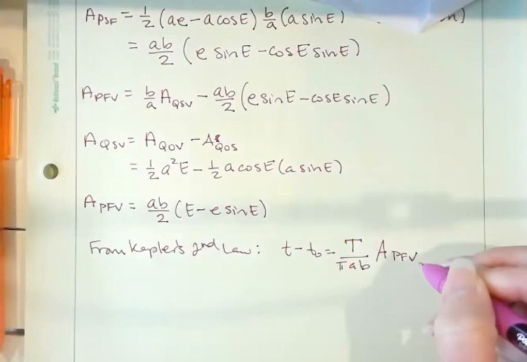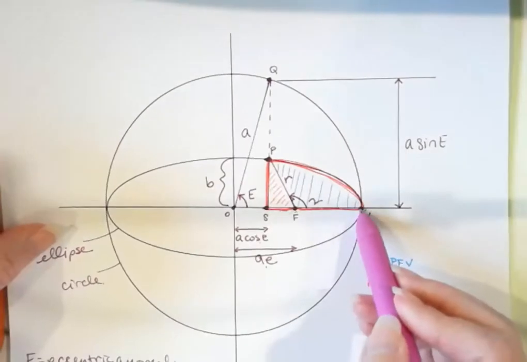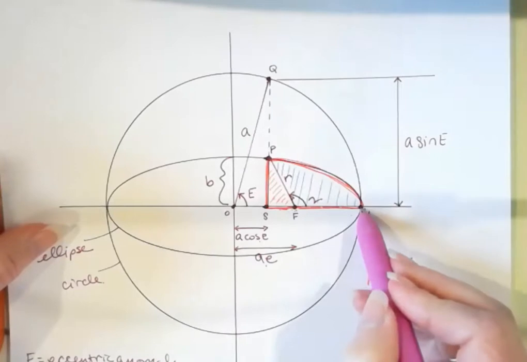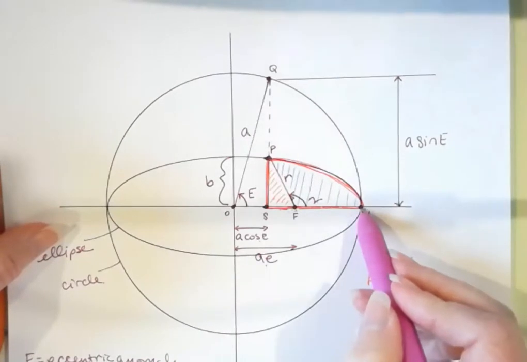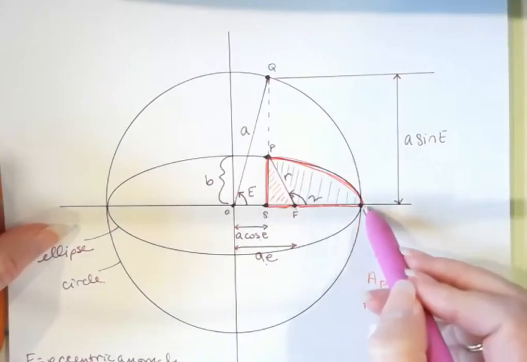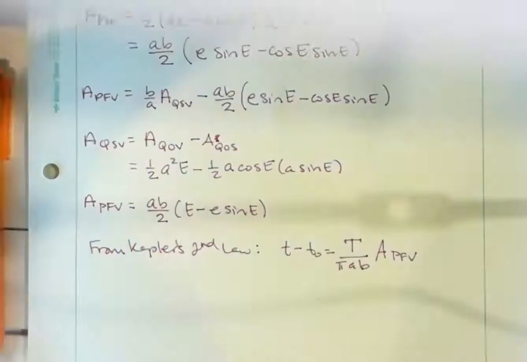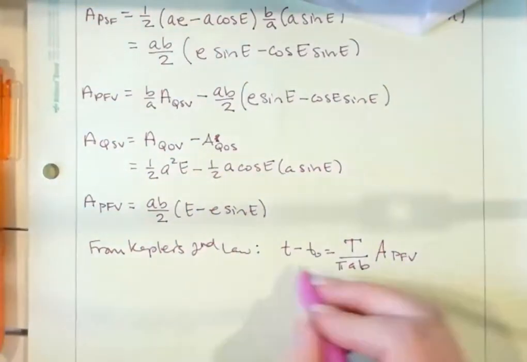Remember, the area PFV is the area that's been swept out since T equaled 0 right here when we passed periapsis. Say this is time T at this point, this was T0, so this would be the area swept out in that time.